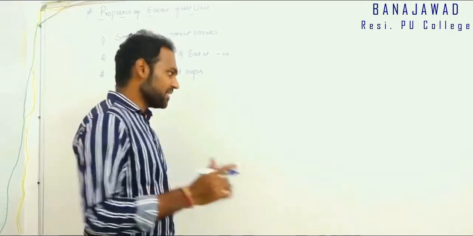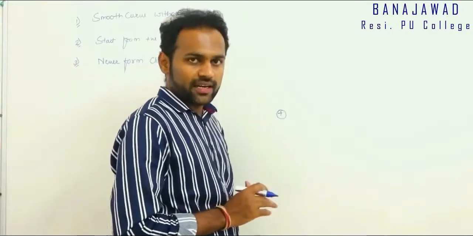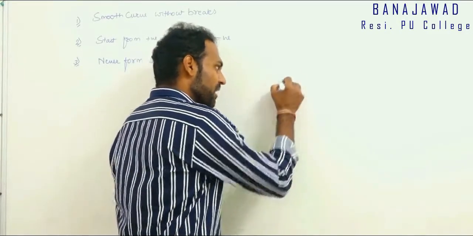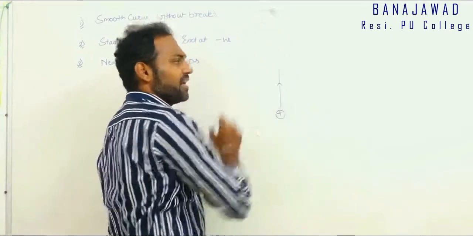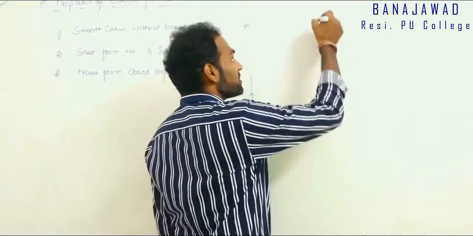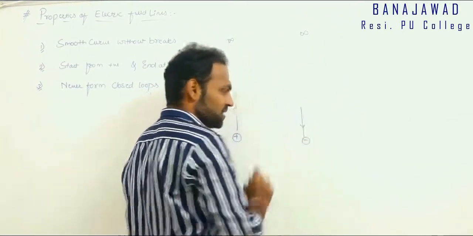Fourth property is, if there is a single charge, meaning a single isolated positive charge or a single isolated negative charge. If it is a single positive charge, the electric field lines will start from the positive point charge and will end somewhere at infinity. If there is a single negative charge, the electric field lines will start from somewhere at infinity and will end at the negative charge.